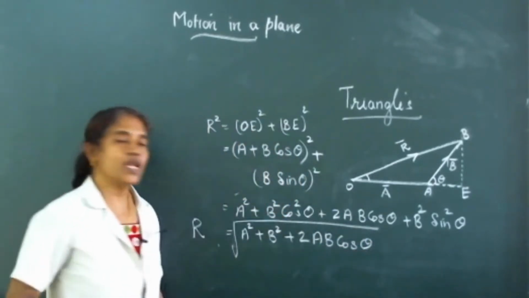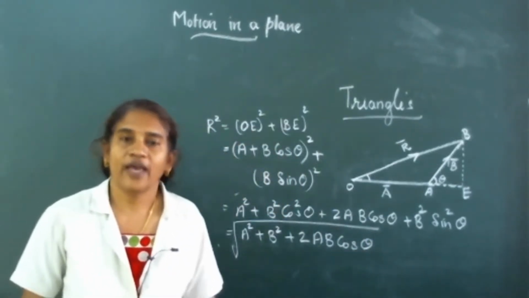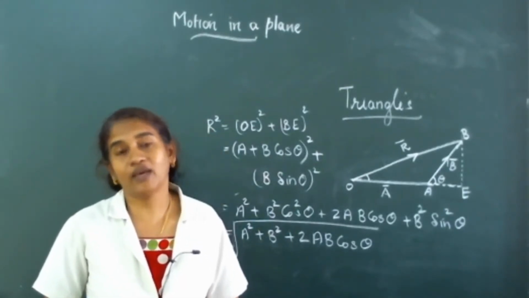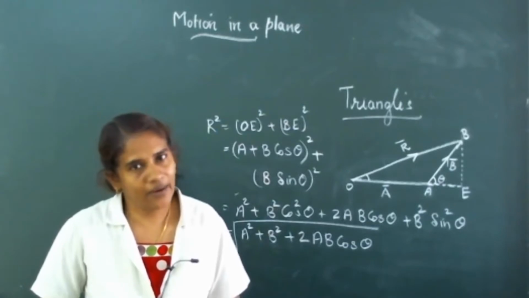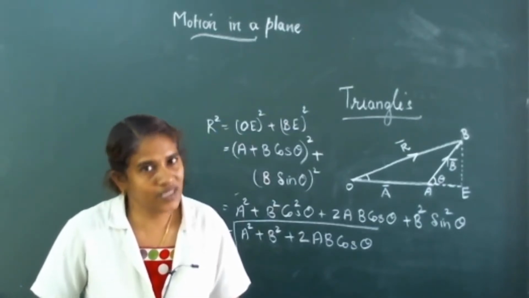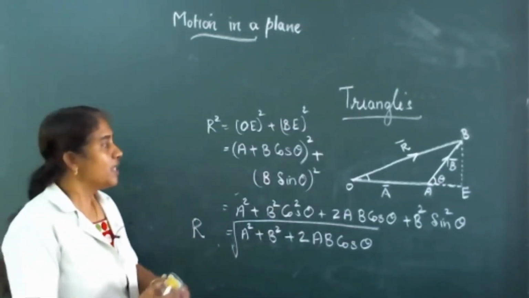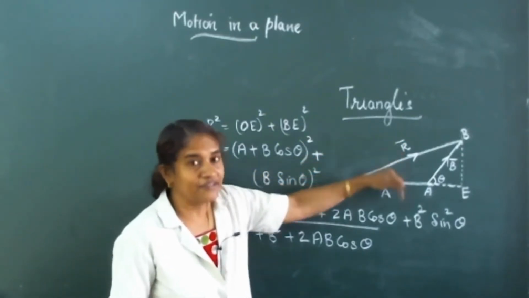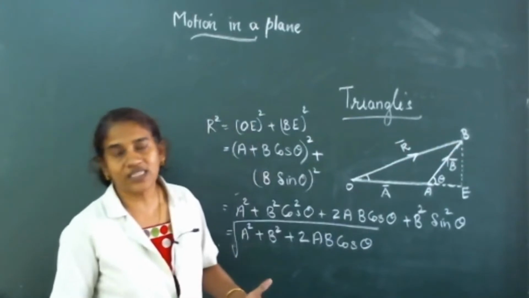That means R is equal to root of A square plus B square plus 2AB cos theta. That is the magnitude of the resultant vector after adding A and B. What is theta?